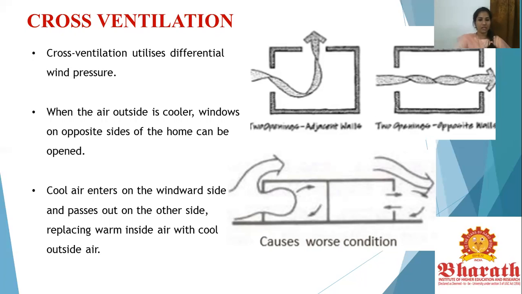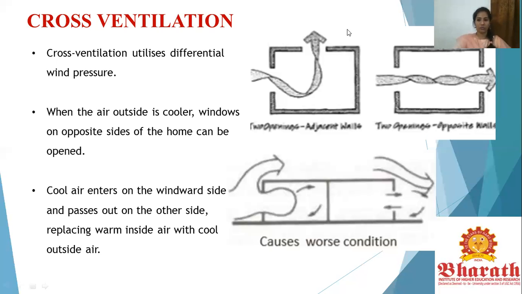The area that it covers is larger or smaller depending on that, and thereby it also affects your wind velocity. When the air outside is cooler, the windows on the opposite side of the home can be opened. So the movement of air can be uninterrupted and the flow can continue. The cool air enters on the windward side and passes to the other side, thereby replacing the warm air inside with the cool outside air.